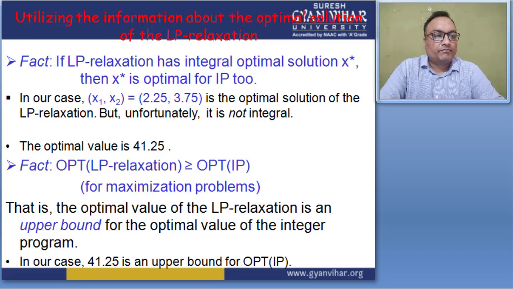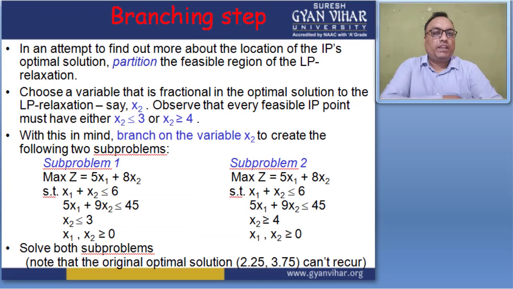So this is one step. We divide this problem into two sets. First is the branching step, introduced in this slide. It is an attempt to find out more about the location of the integer programming optimal solution and to partition the feasible region of the linear programming relaxation.